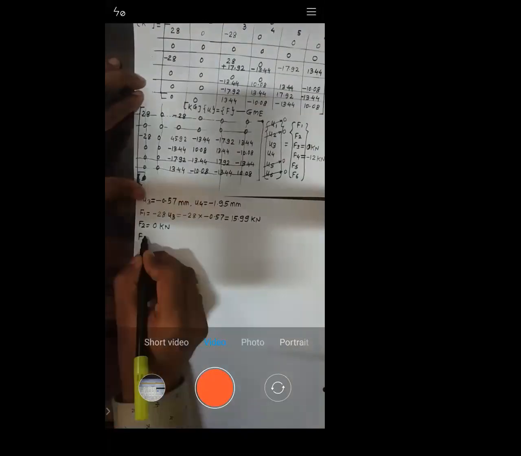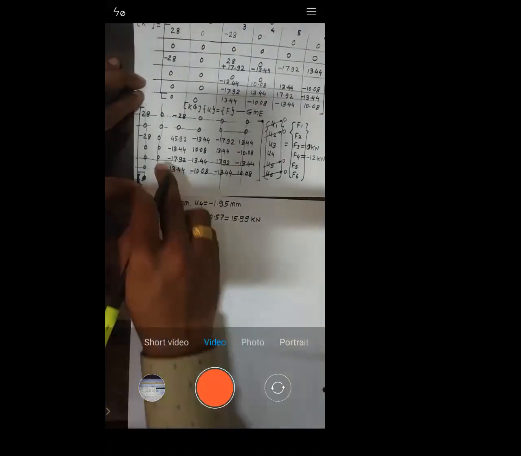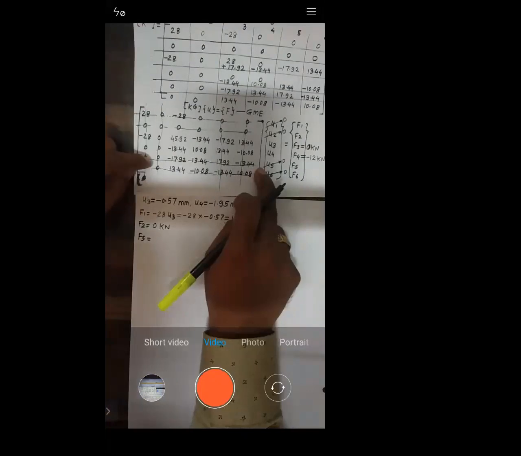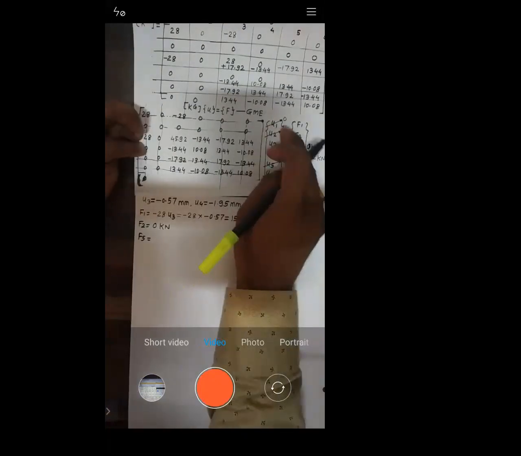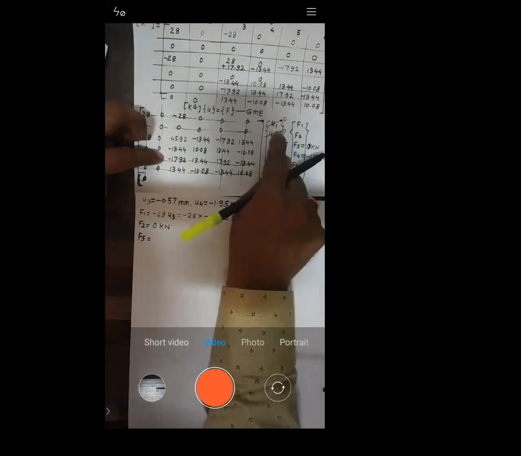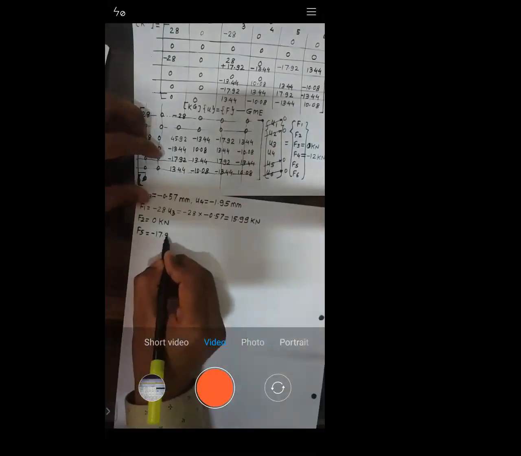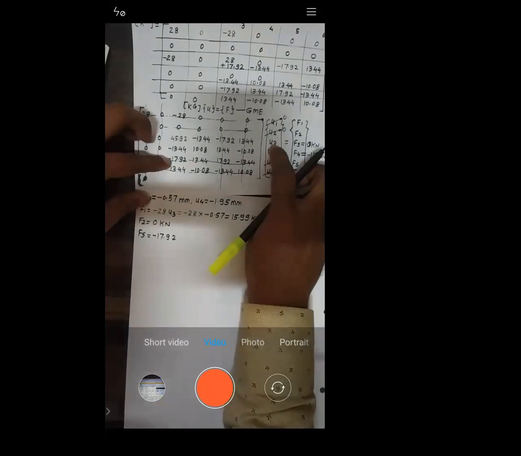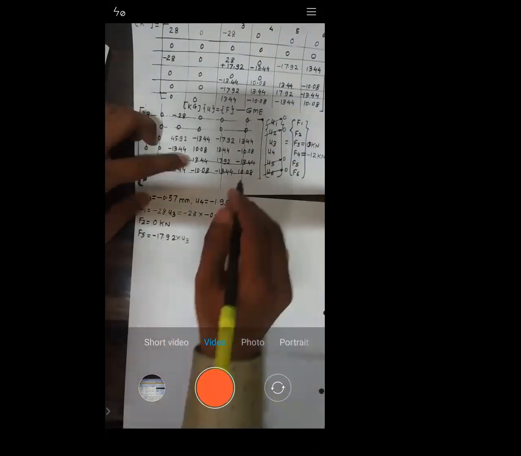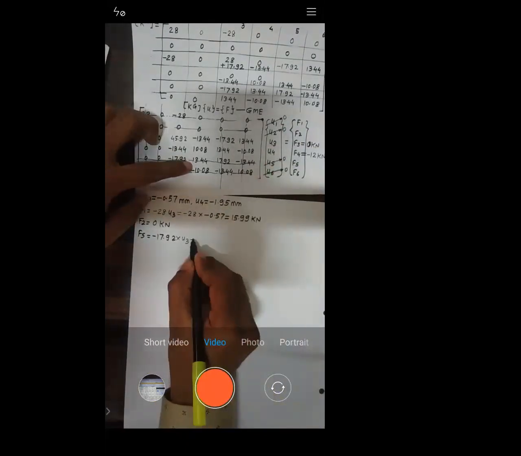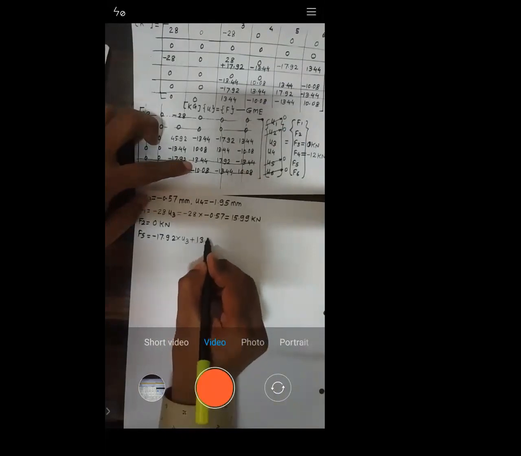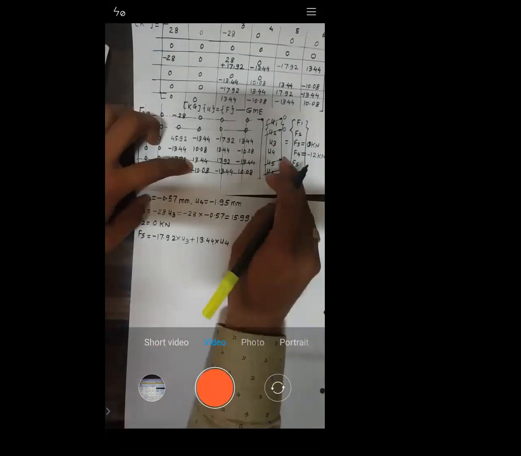How do you calculate F5? Fifth row multiplied by column. So initial these two terms: 0 into 0 is 0, 0 into 0 is again 0. Then minus 17.92 into U3, plus 13.44 into U4.